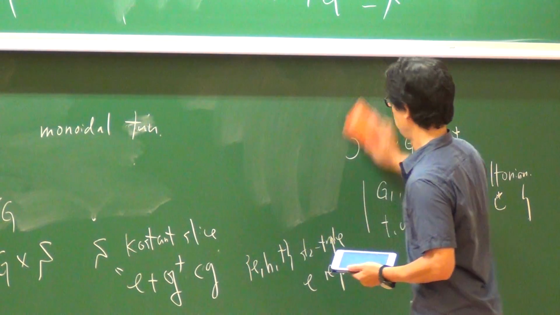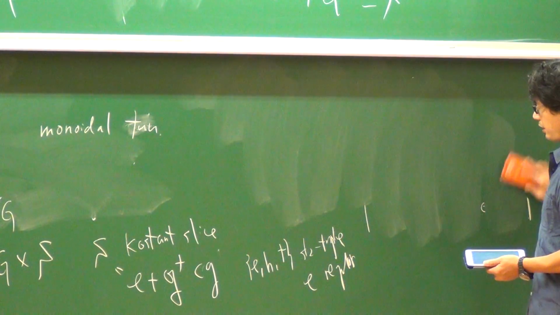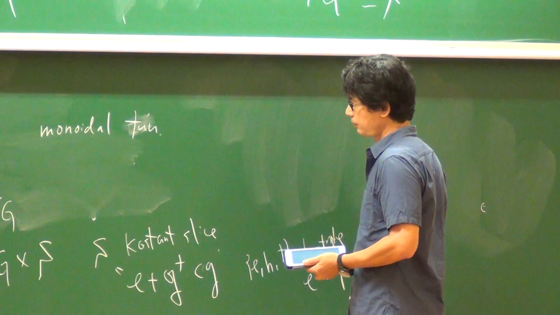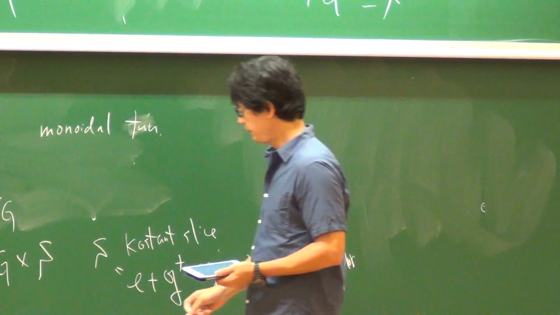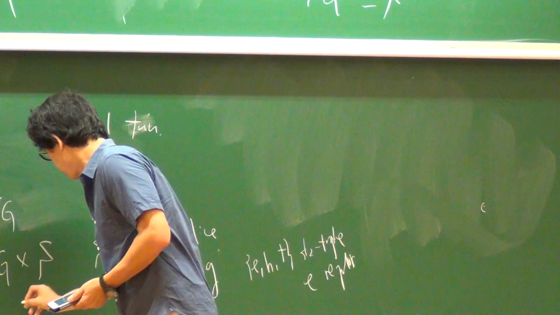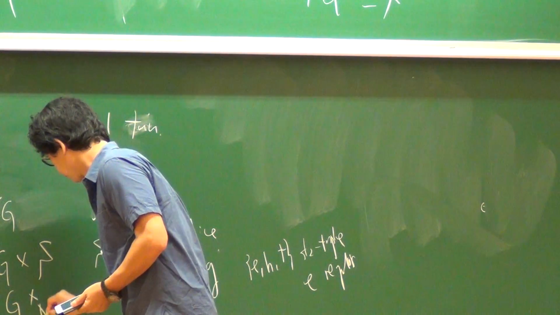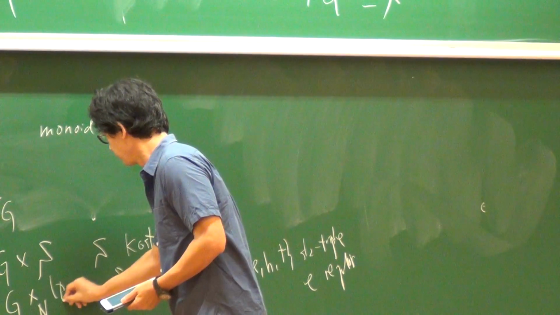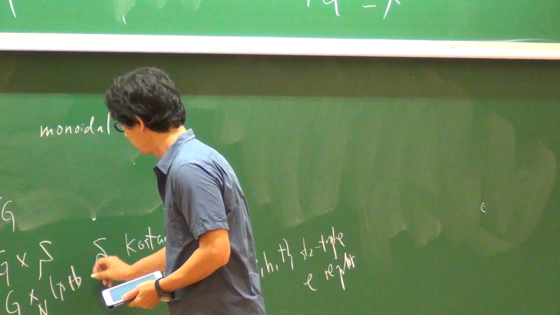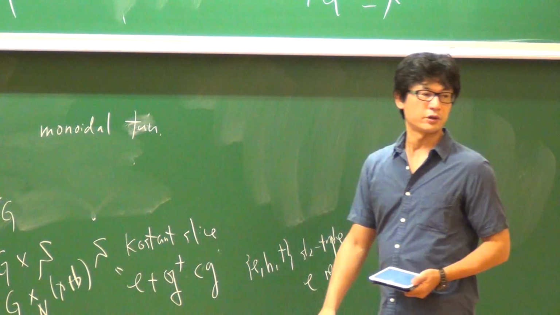And this has the structure of a symplectic variety because it's isomorphic to a twisted cotangent bundle.